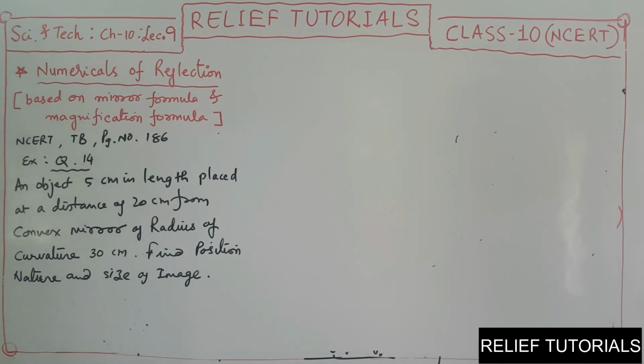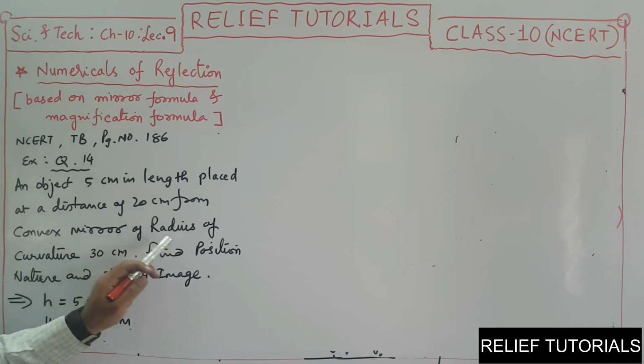Next question, exercise question number 40. An object of 5 cm in length. 5 cm is the length of the object, meaning the size of the object, so h is given as 5 cm. Placed at a distance of 20 cm from a convex mirror. So 20 cm is the object distance, always taken as negative, minus 20 cm.